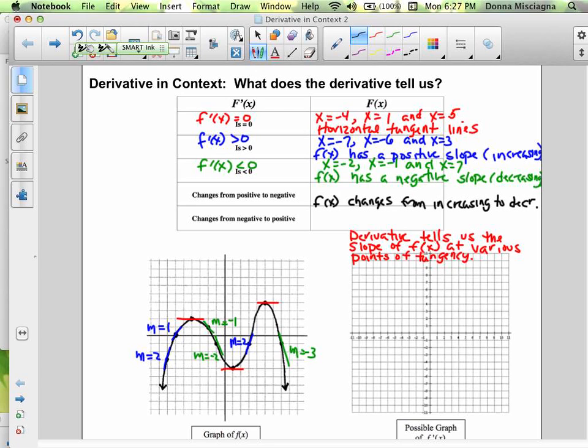From a positive slope to a negative slope. And that occurs at two places: x equals negative 4 and x equals 5. Notice that where f of x changes from increasing to decreasing, and f prime of x changes from positive to negative, the graph is going to have relative maximum values.